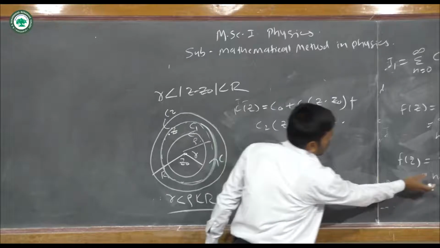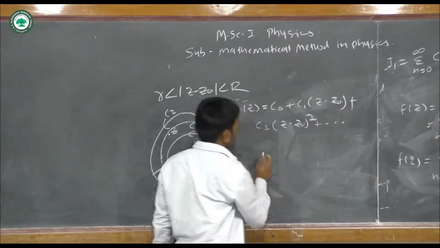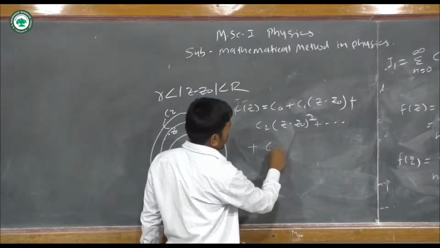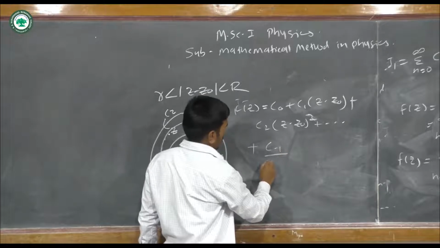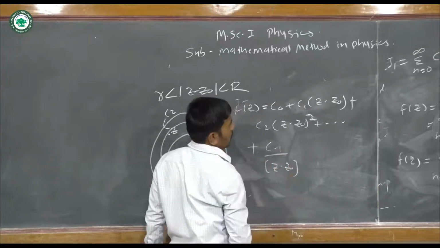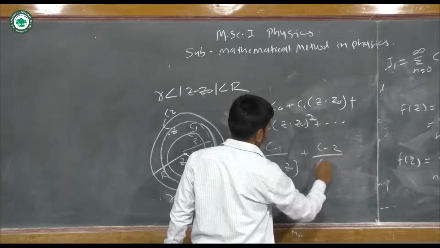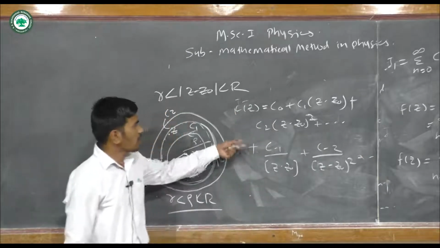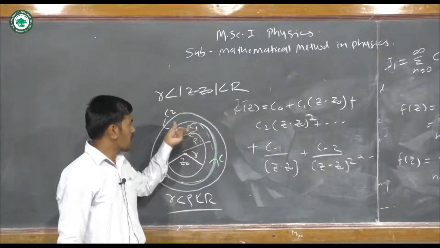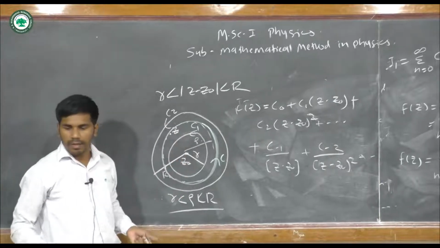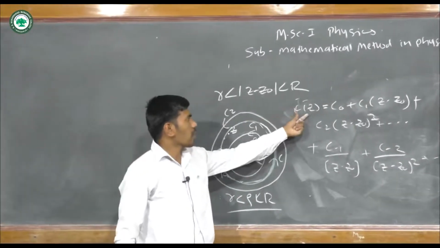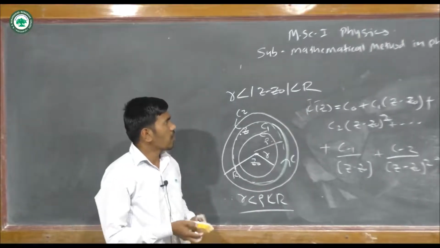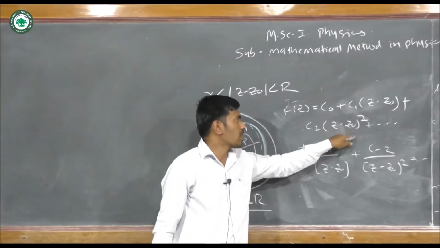Okay, and this is for the first term, and for the second term if I expand, it is like this: c minus 1 divided by z minus z naught, plus c minus 2 divided by (z minus z naught) whole squared, and so on. Okay, so this is the expansion of f of z. So this power series is convergent in this region, and the function we consider is an analytic function. Okay, so this is about the Laurent series which we expand around this z naught.